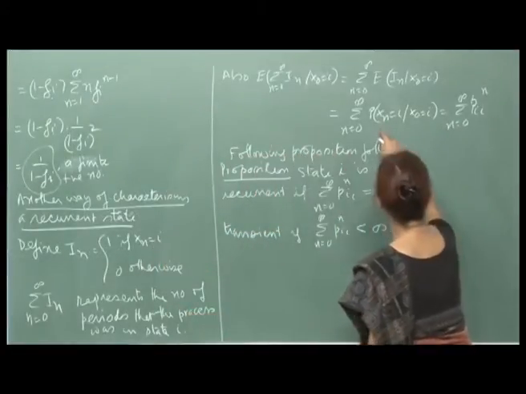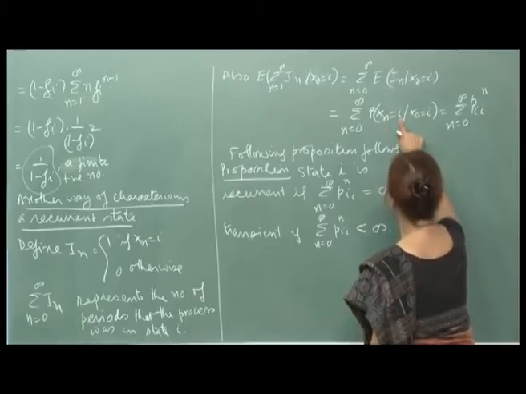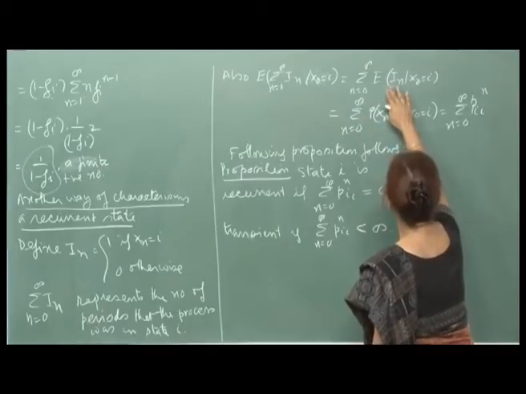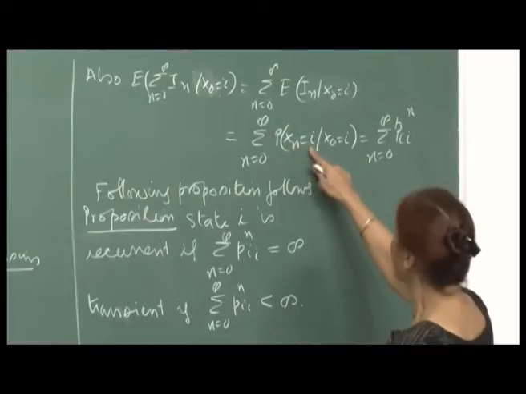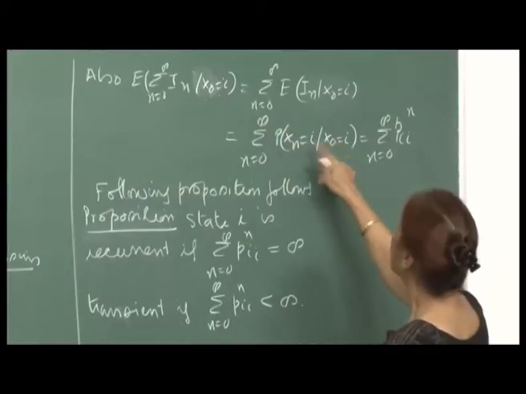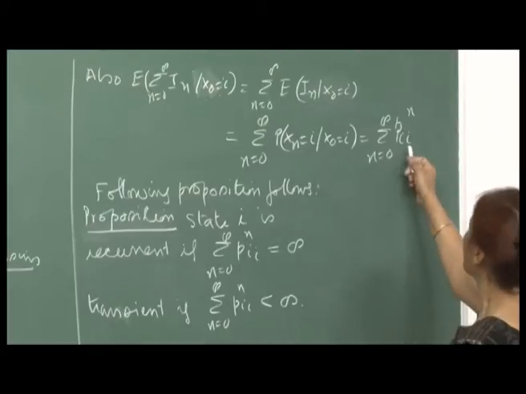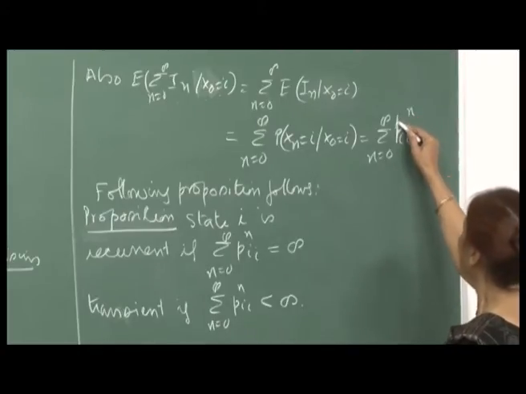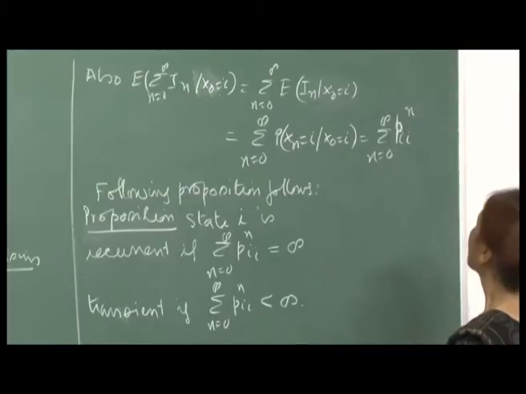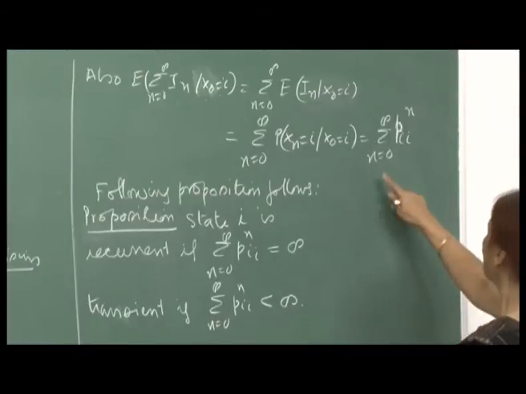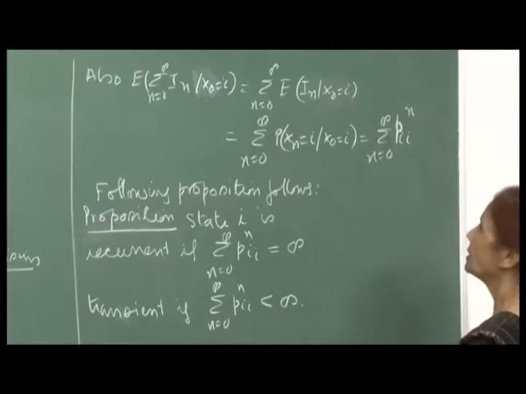So, this is the probability that X_n equals i, times 1, the conditional probability of X_n given that X_0 is i. So, 1 times that, and by our definition this is p_ii raised to n. Therefore, the summation, n varying from 0 to infinity, of p_ii^n.